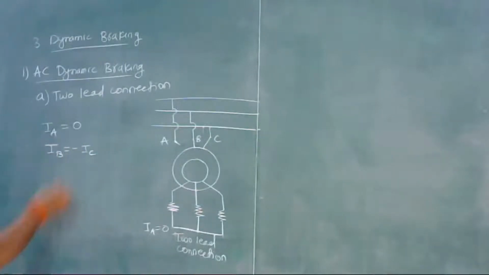This will lead to an unbalanced condition. The two phase currents IB and IC are equal and opposite, so these are connected to a single phase supply.